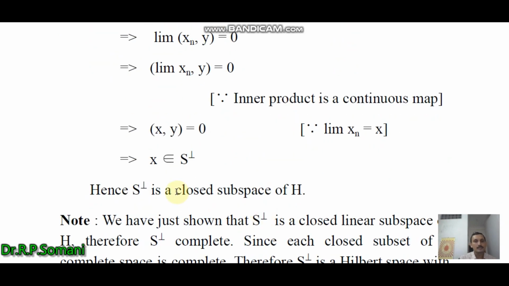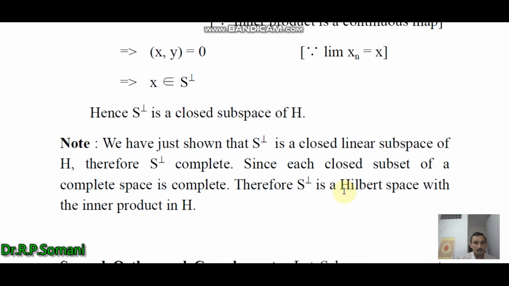Therefore, we obtained the result that S orthogonal is a closed subspace of H. As a remark, we have just shown that S orthogonal is a closed linear subspace of H. Therefore, S orthogonal is complete, since each closed subset of a complete space is complete, so S orthogonal is a Hilbert space with the inner product defined in H.